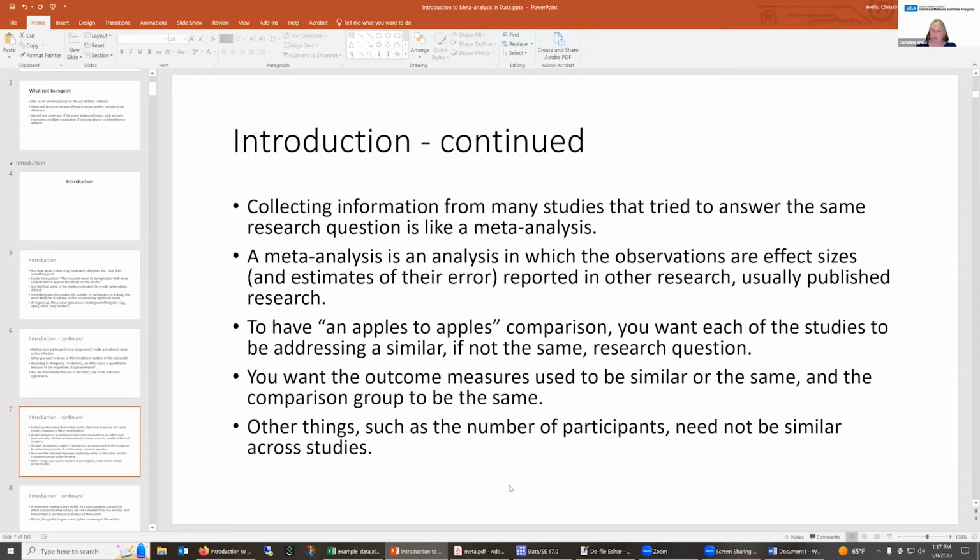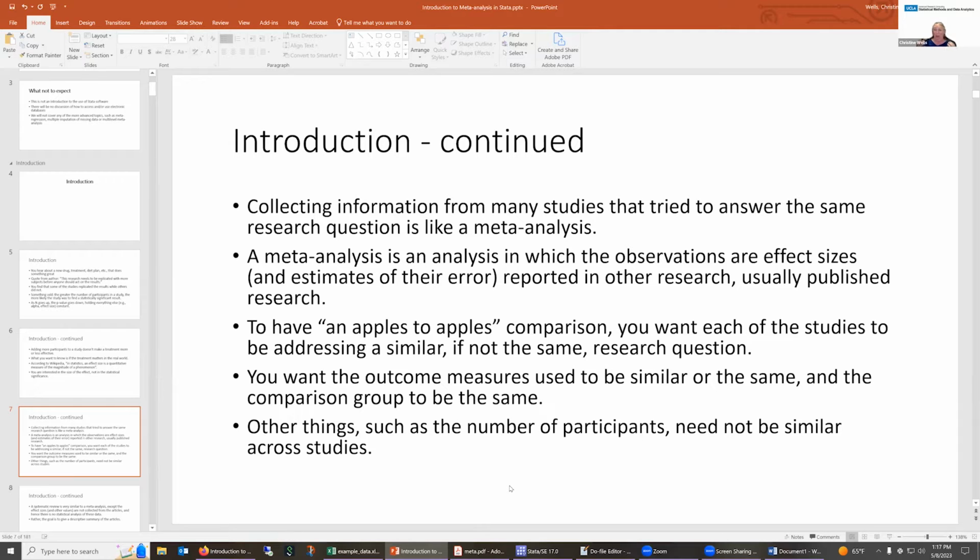So collecting information from studies, hopefully many studies, that try to answer approximately the same question is kind of like doing your own meta-analysis. That's really what we're going for. We're looking for effect sizes from the literature, usually the published literature, and we're gathering all those up.